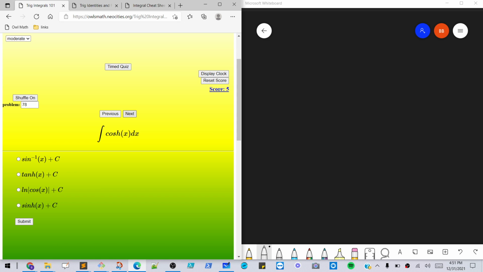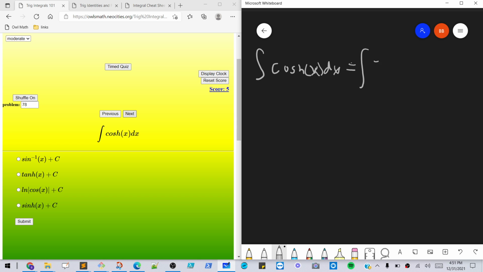Okay, this one. Another one, it's nice to memorize the answer, but we'll do it the long way. Okay, let me rewrite that. Cosh x is the hyperbolic cosine.